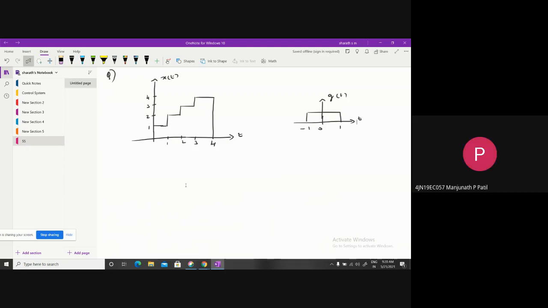Zero to 4. So first signal from 0 to 4 afterwards. Next, increase amplitude level, the next signal comes: 1 to 3, 1 to 4.